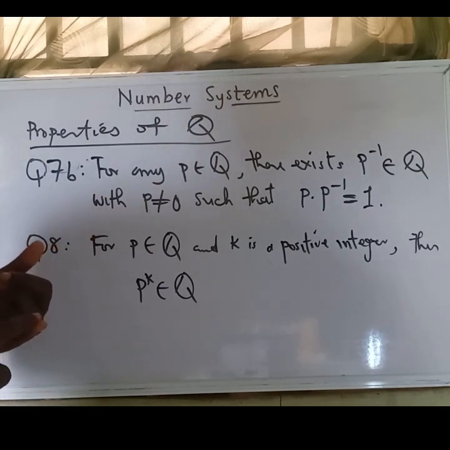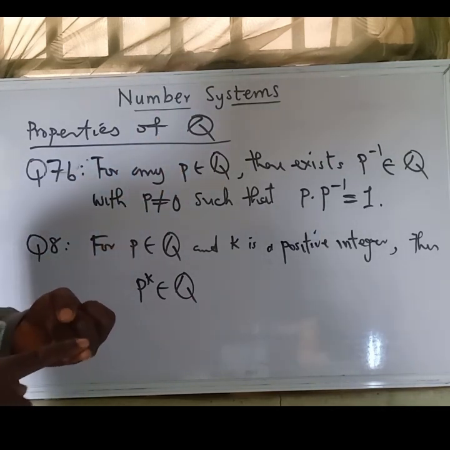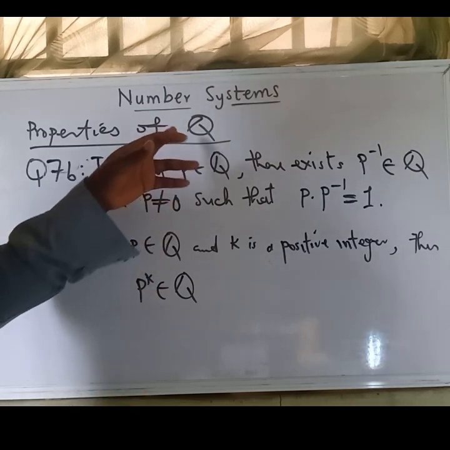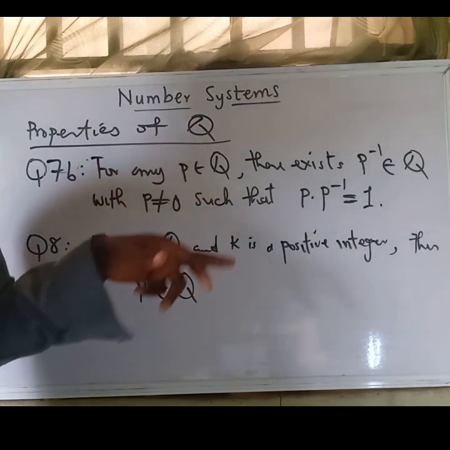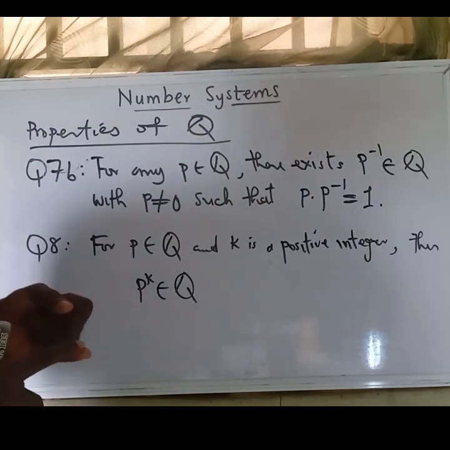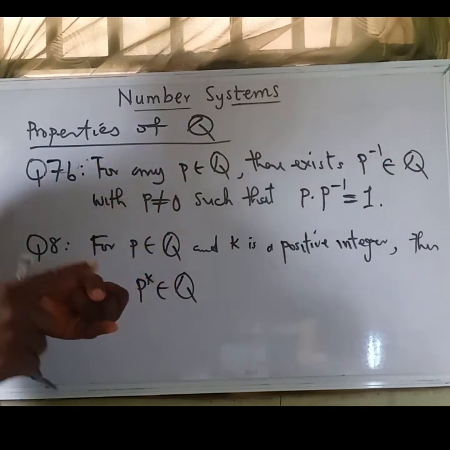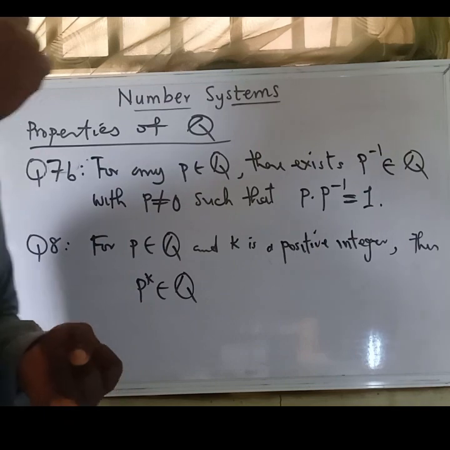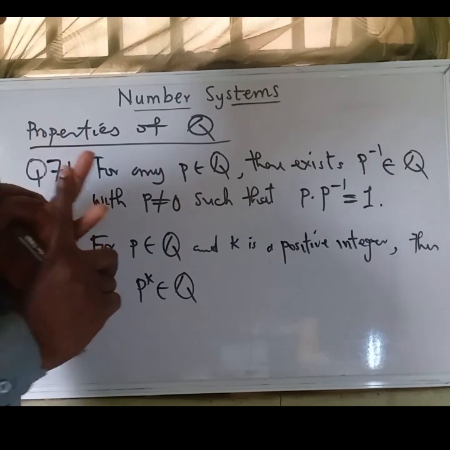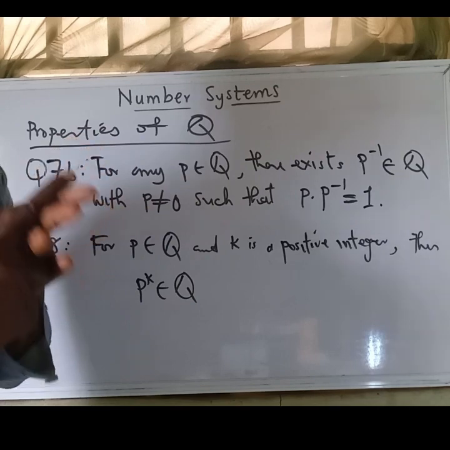The fact that these rational numbers are valid under the operations addition and multiplication makes this rational number a field, because it has satisfied some of the properties of a field. Under addition, we have defined the closure property, so commutativity is there, and we have also said that identity and inverse hold under addition.